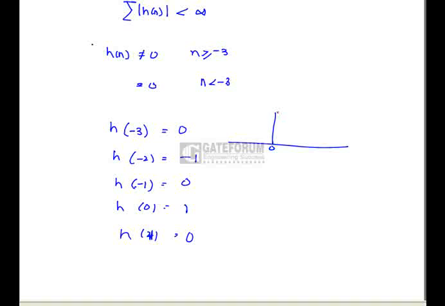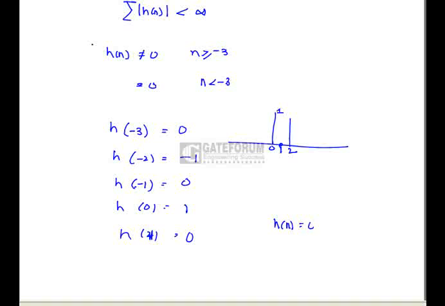At the 0th instant the magnitude is 1, at the 1st instant the magnitude is 0, and so on. If we take the absolute summation of all these samples, it is a finite value, hence it is stable.